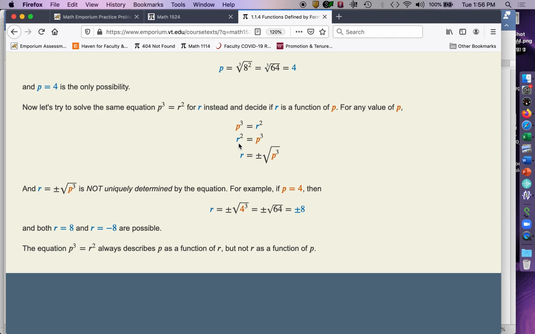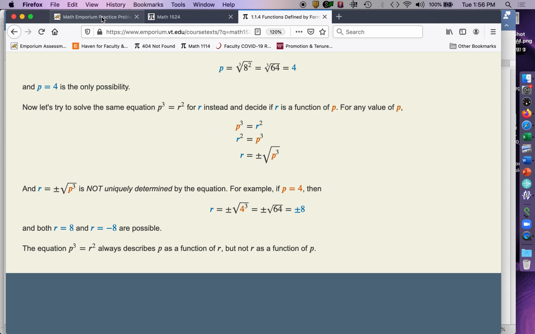This happens every time you take an even root. You have to put plus minus. It's no longer unique now. That's two different equations. I have the positive square root of p cubed, and I have the negative square root of p cubed. So r is not a function of p. r is not a function of p.